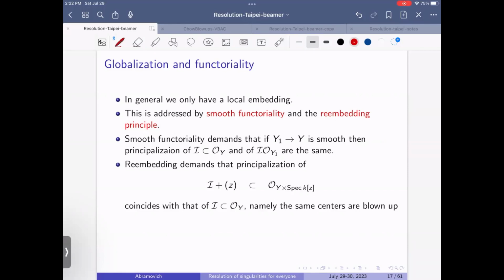Okay, so now we know that we need to produce for ourselves a strong principalization procedure that satisfies smooth factoriality and the re-embedding principle. How will we use the re-embedding principle? What is it used for? It's used because sometimes you embed one patch of your variety in a variety of dimension k, and another patch in a variety of dimension k plus 1.